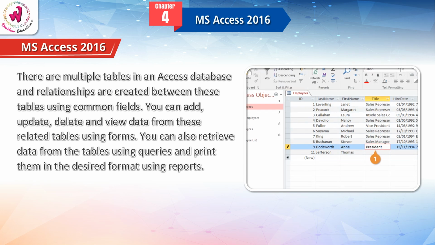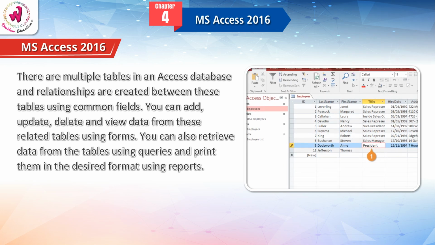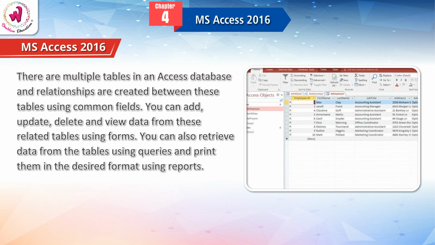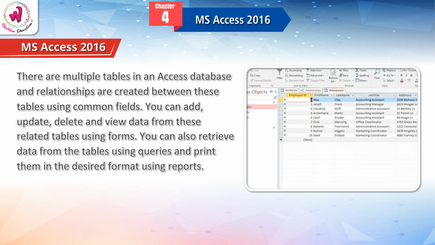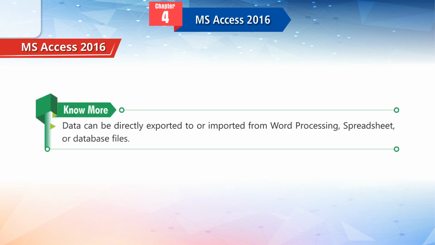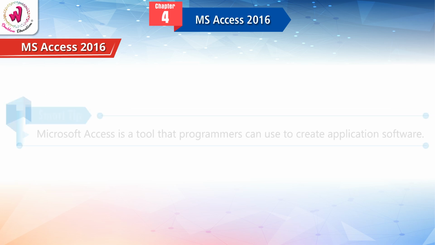You can also retrieve data from the tables using queries and print them in the desired format using reports. Data can be directly exported to or imported from word processing, spreadsheet, or database files.